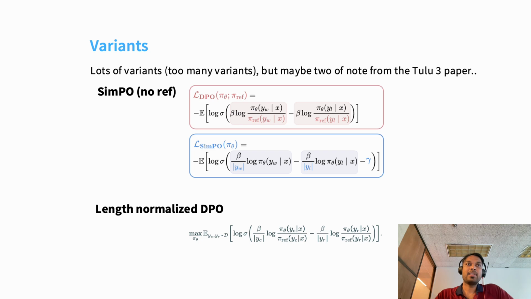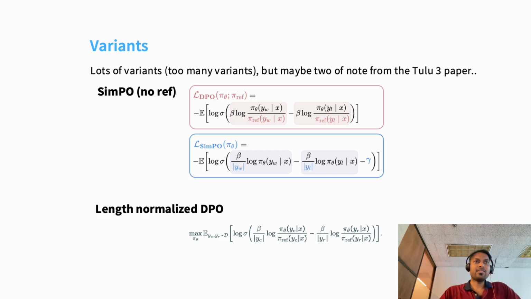They normalize the update size by the length of the response, that is the denominator in blue. Here, the theoretical argument is kind of lost because they've removed the reference policy term. But this equation does have this nice form of upweighting the good responses and downweighting the bad responses.